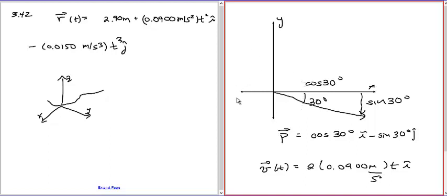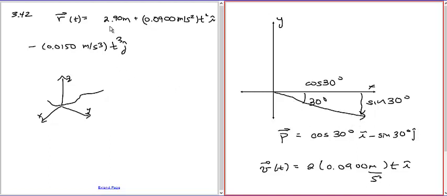This would be counterclockwise, so it's pointing down. So I used this unit vector to represent negative 30 degrees. I had the cosine, which is the x component, the adjacent side, times i, minus the sine of 30, which is the opposite side. So that gives me the direction I'm trying to have happen.